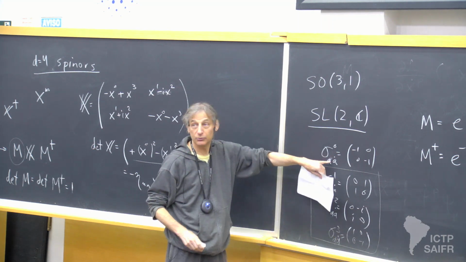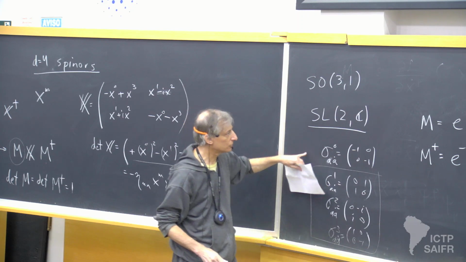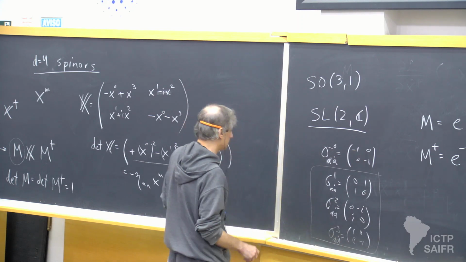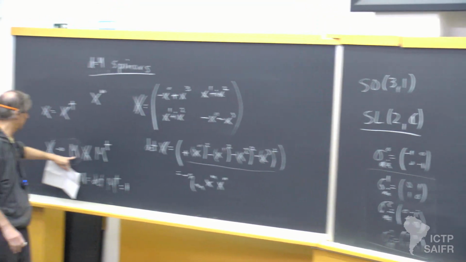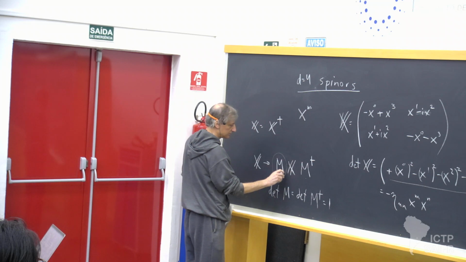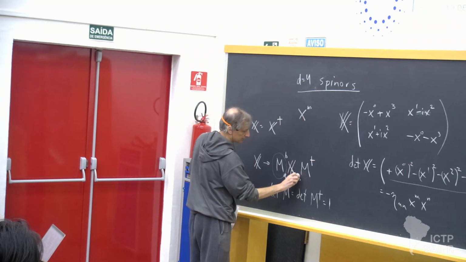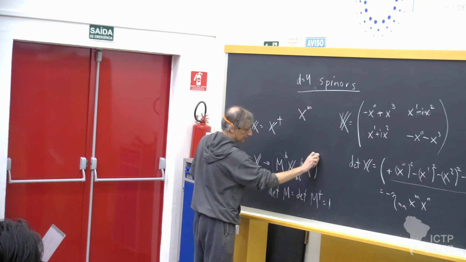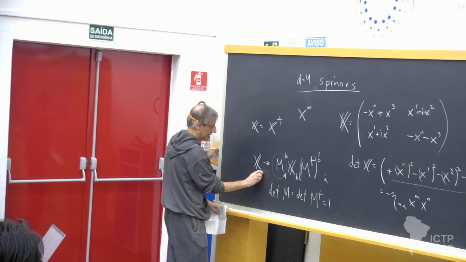Why do I put a dot on one of the A's and leave the other undotted? Because I'm going to think of this object in which M carries undotted indices, so let's call it A B. So this would be B B dot. And M dagger carries dotted indices. So this would be X A A dot.